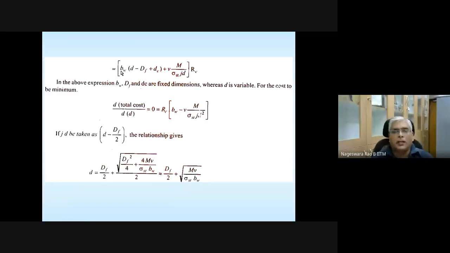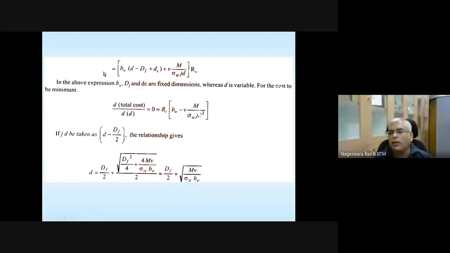Please note that here the total cost is given as a function of all these quantities, but we want to find an economical depth, a depth which reduces the cost of the beam. So all other quantities are taken as constants. In the above expression, BW, DF, and DC are assumed to be fixed dimensions, and small d, the overall effective depth, is a variable. I want to reduce the cost, so I have a function of d.